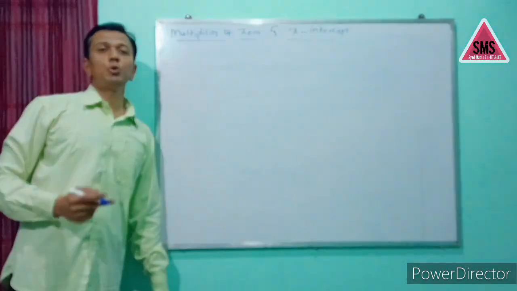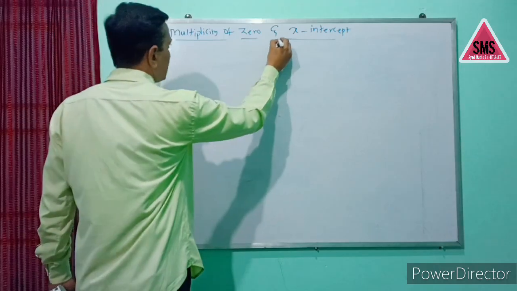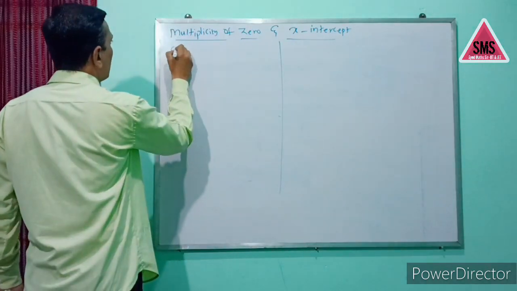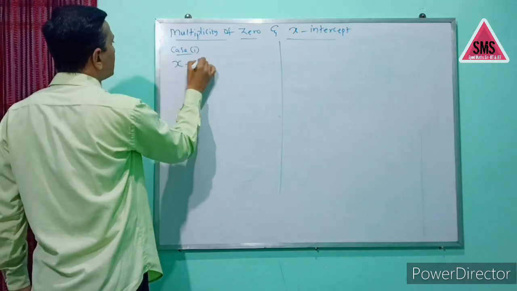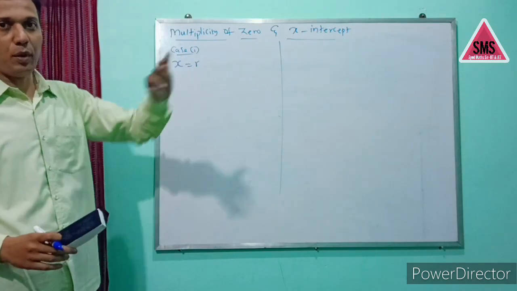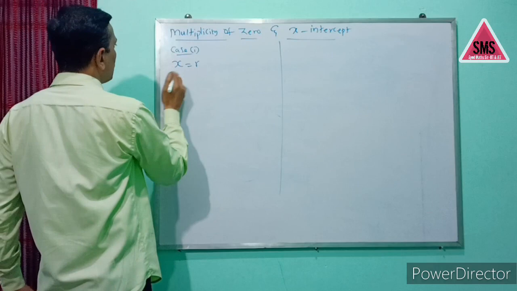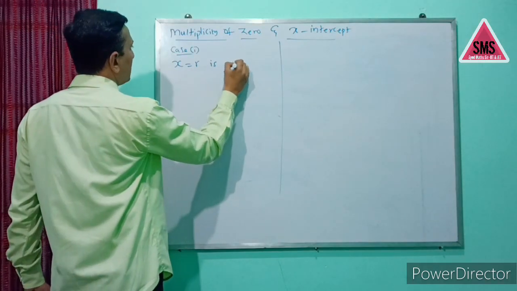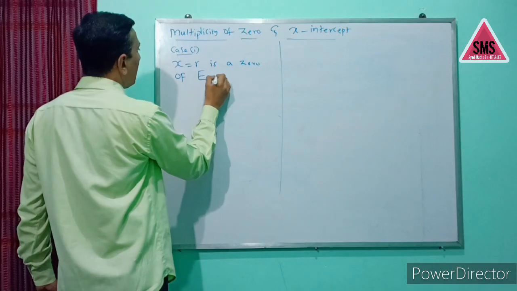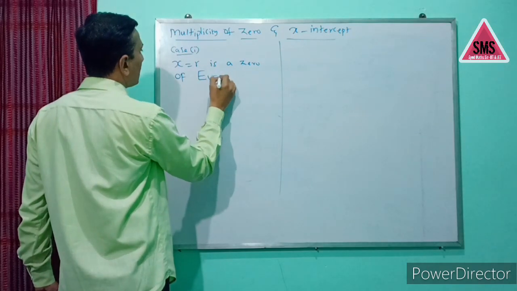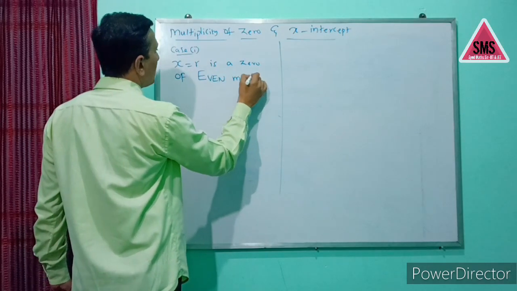Here we have two cases. The first case is: let us suppose r is a zero of any polynomial. If x equals r is a zero of even multiplicity.